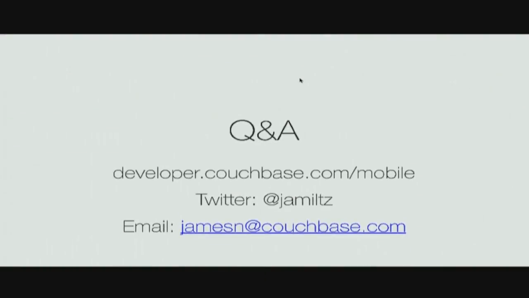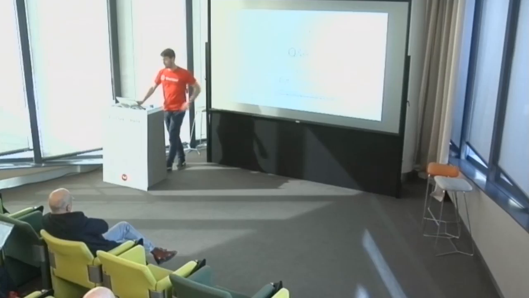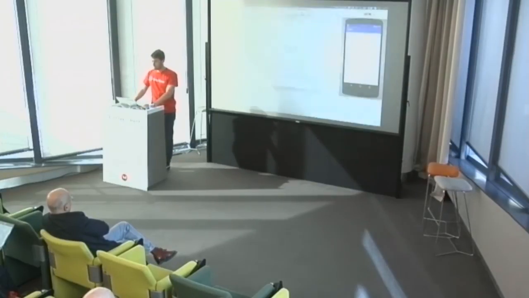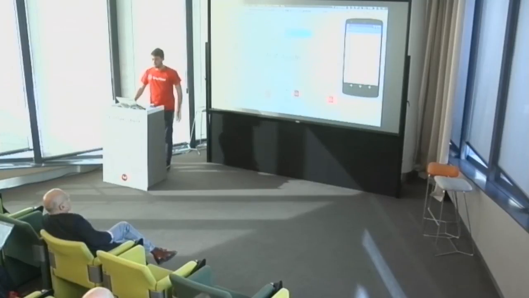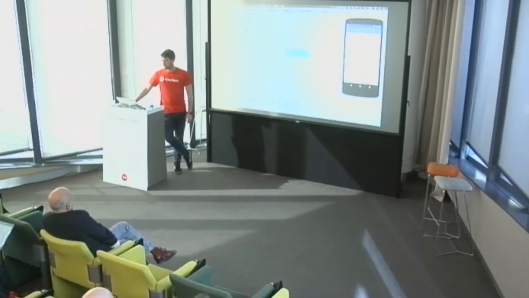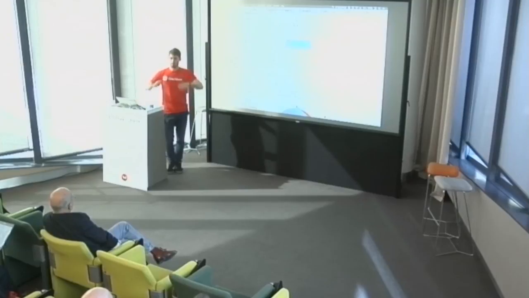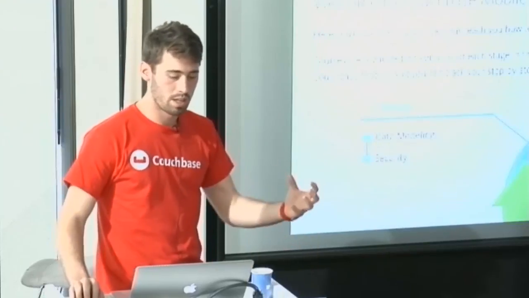Yeah, so if you have anything you want to go into, I'll show you developer.couchbase.com/mobile. This is this link here. When you land here, you can click Start Building, and it's going to take you to this page. This is a project we're working on at the moment. It's a very complete training which covers everything we talked about today, but in detail.